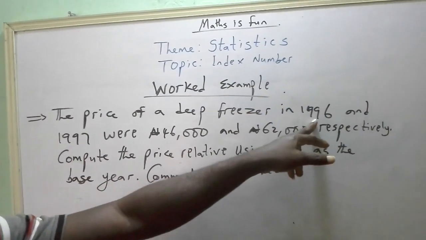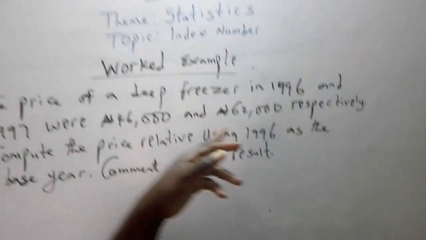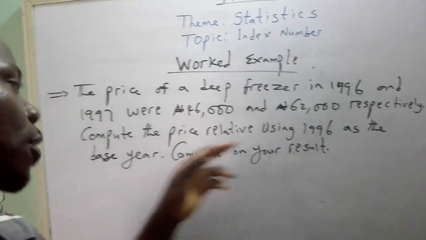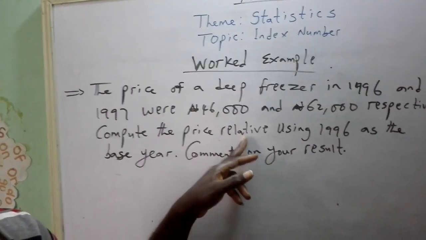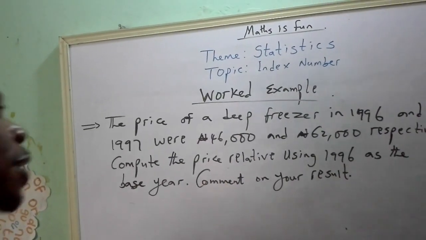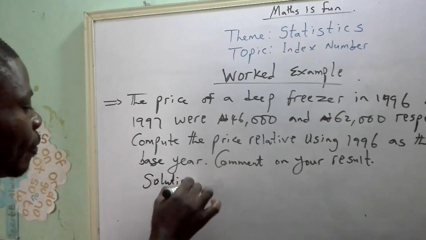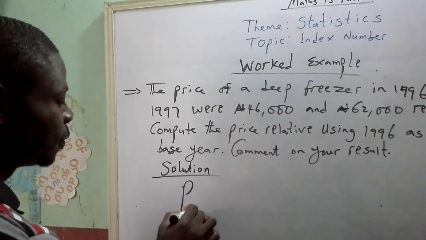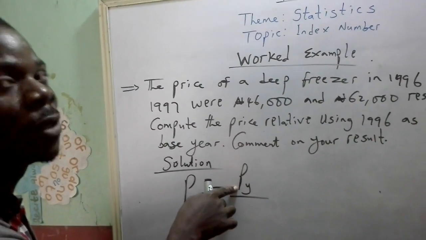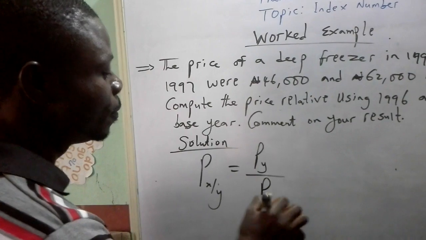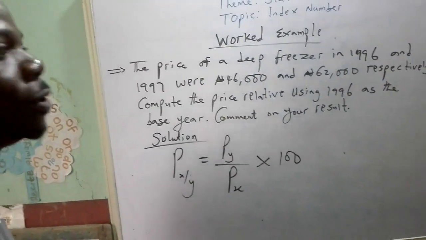freezer in 1996 was 46,000. In 1997, it was 62,000 naira. Now you have to compute it based on price relative. Because I told you earlier that price relative generally is given as the price of a commodity in a given year by the price of a commodity in a specified year, expressed in percentage.